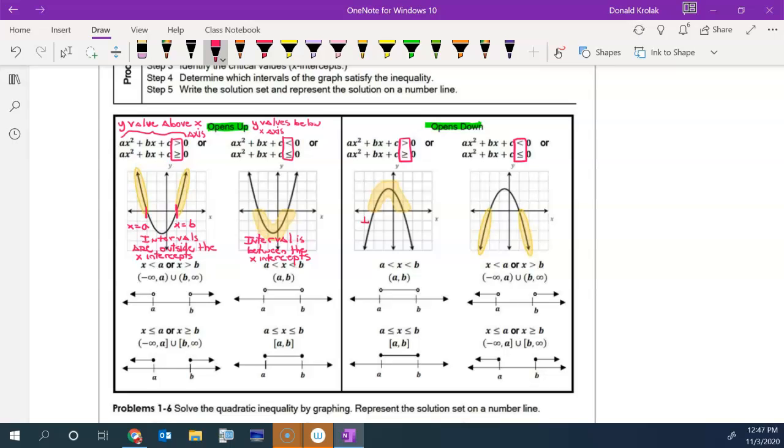So this one, the interval is between x-intercepts. And then here it's outside the x-intercepts, and there are two intervals.